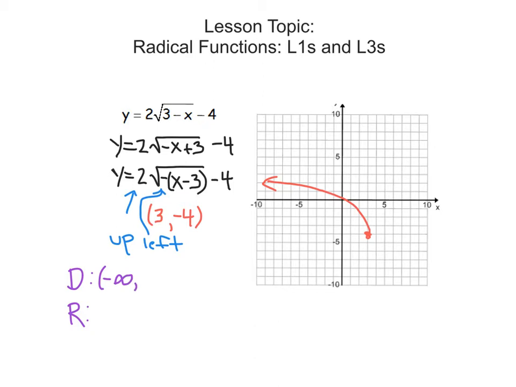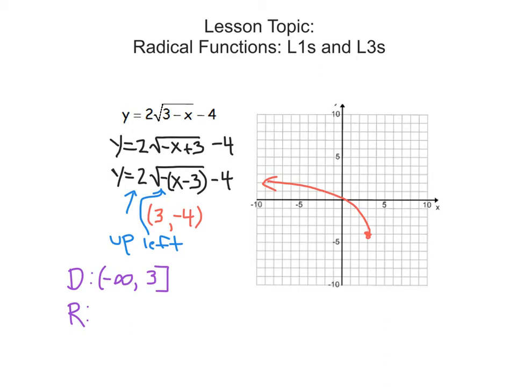Okay, the rightmost point for this curve, well, if we think about heading to the right, we stop right here. That's the rightmost point. And that rightmost point on the x-axis is 3. Remember, we put a bracket on the end of this one, not a parenthesis, because it is a specific point.